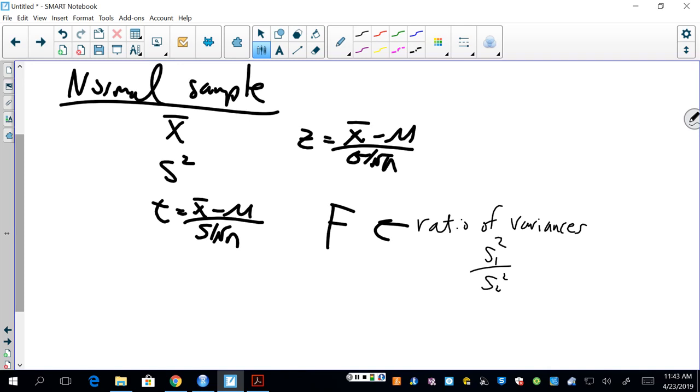If you do anything in regression or analysis of variance, also called ANOVA, this F distribution, which is a ratio of variances from normal samples, shows up. There's one more, but we don't need to go into details of that one.